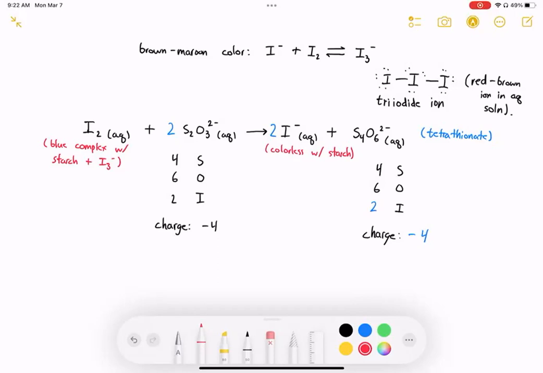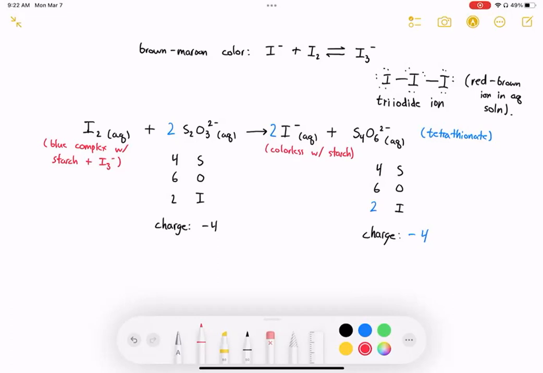Okay, now let's go to the calculation. So that's the first part of the calculations. Okay, so we're going to standardize our thiosulfate solution. Our thiosulfate solution should have been 0.05 molar.